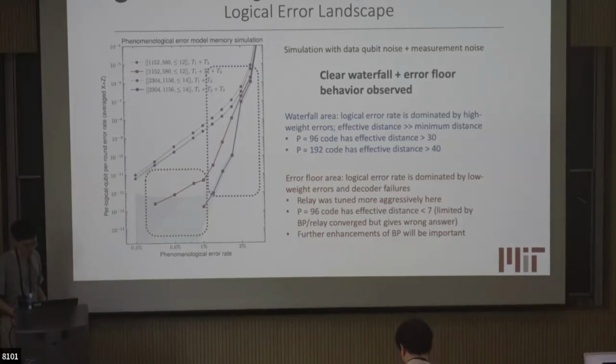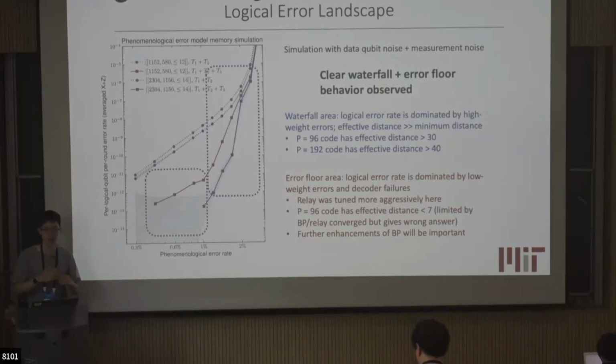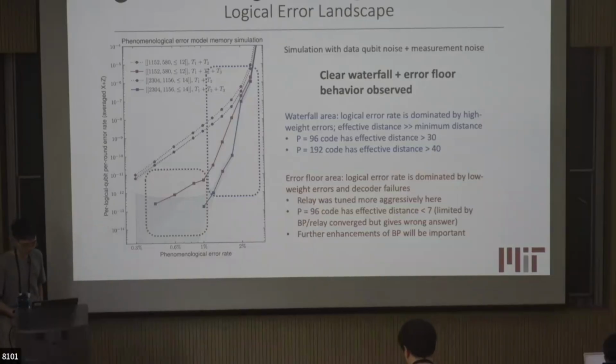The effective distance, if you just fit the slope, is something like 30 or 40, mostly because in this regime you're dominated by entropy factors, and so you have a steeper error suppression. And then afterwards, you have an error floor area. Here the effective distance is actually less than 7, which we believe is mostly limited by choices in the decoder.